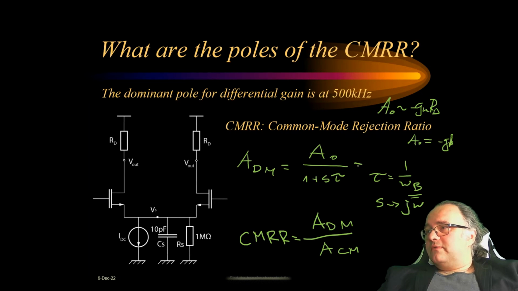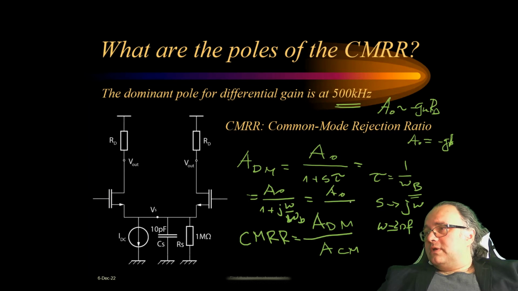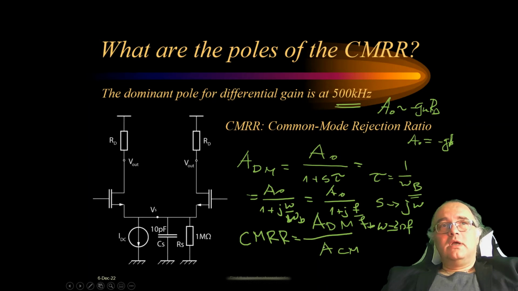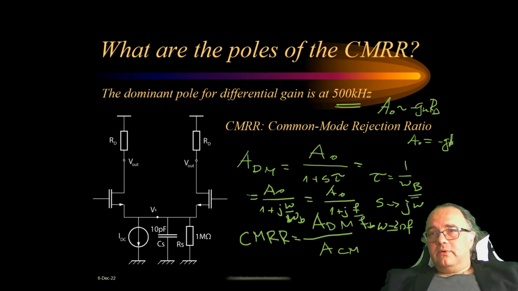So for the differential gain we have the DC gain divided by 1 plus j omega divided by omega b, and of course omega is 2πf, because this is given in hertz. So then for the differential gain we get 1 plus j f divided by fb. All right, so this will be the pole that we have.